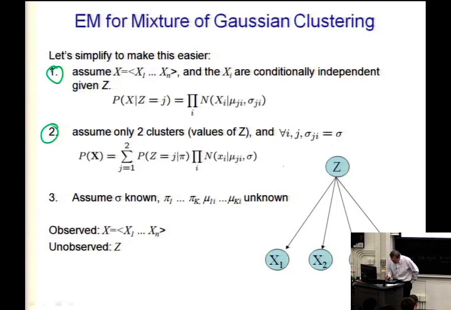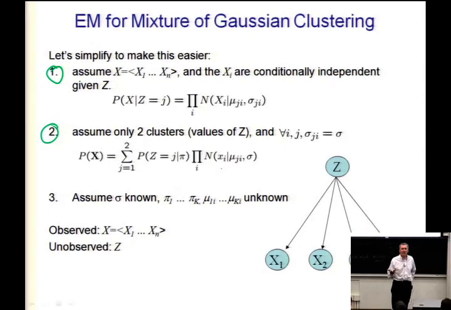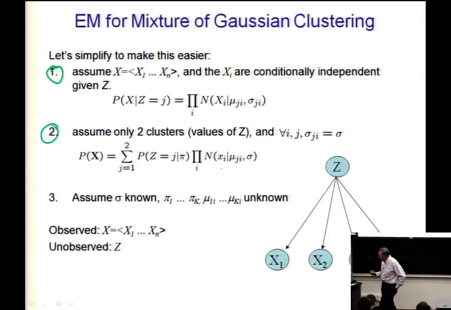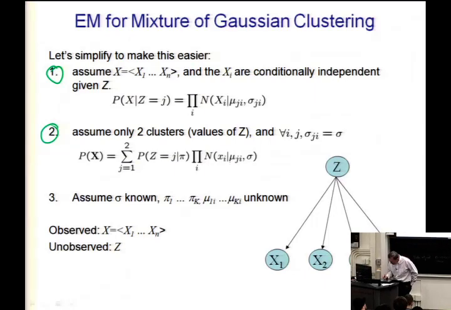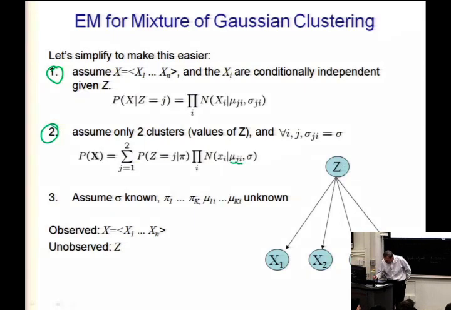And therefore, when we train this mixture of Gaussians model, same as when we train our Gaussian naive Bayes model, we're going to have to estimate a distinct mu for each value z can take on, for each x sub i feature that we have.